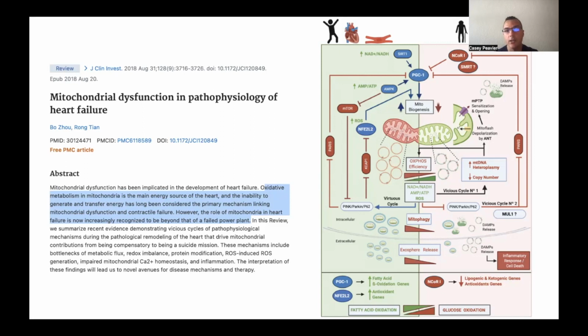So I hope that really starts to tie in how something as simple as ATP production and redox balance plays a central role within a lot of the conditions that many of us are familiar with, whether we're in healthcare or not. I don't think anybody doesn't know somebody who has had congestive heart failure or a heart attack or a stroke.